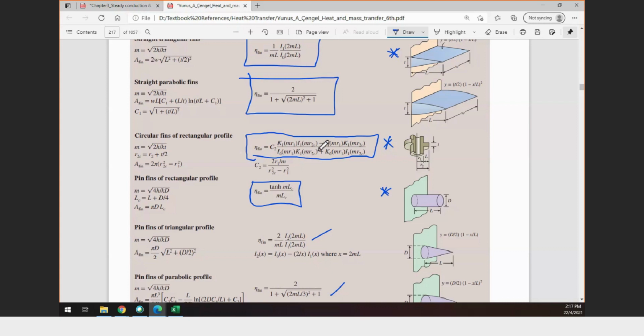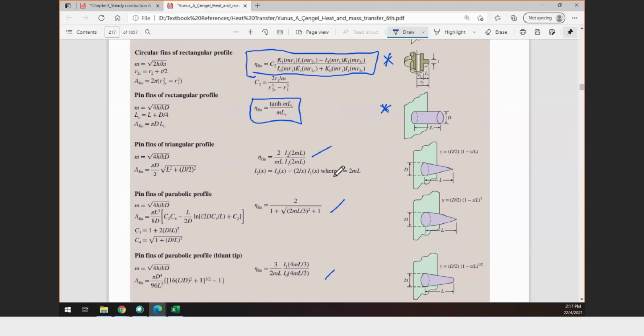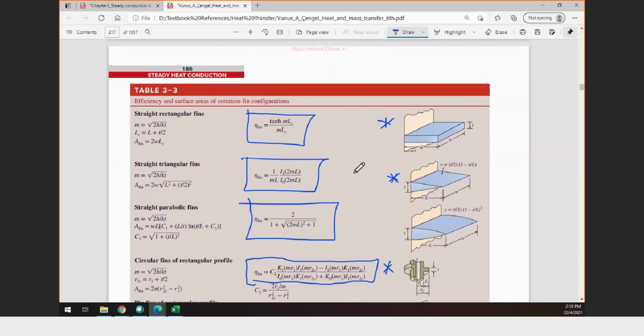Okay, because how many Bessel functions do you have? 1, 2, 3, 4. Okay, M is here, r is just the calculation of the equivalent radius, and the constant C2. Okay, the rest is not very common. It's quite difficult.